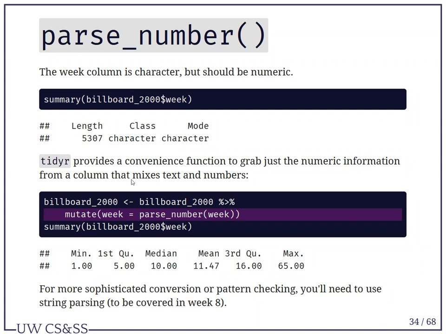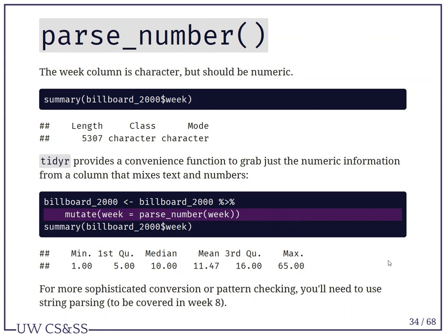So one thing we can say is assign to the Billboard 2000 object our Billboard 2000 object, so we're going to be rewriting this information, and then mutate. So make a new column called week that's equal to parsing the number of the week column. So we have rewritten both our object and a column within that object.